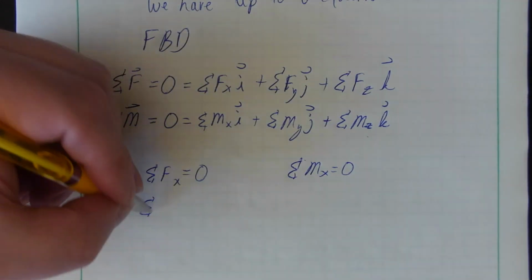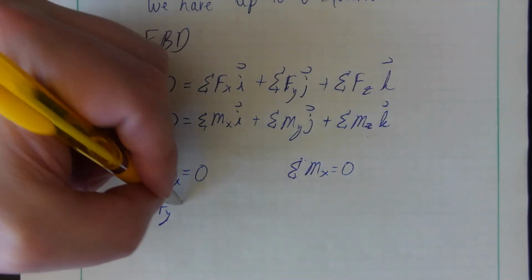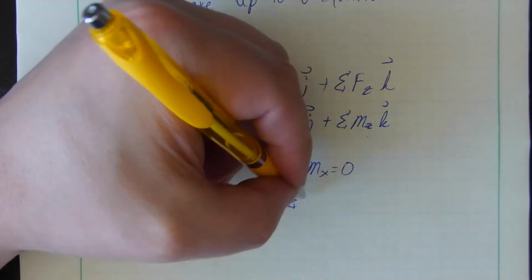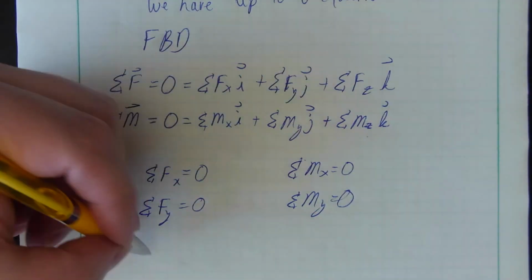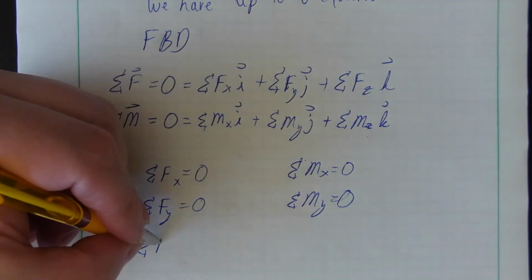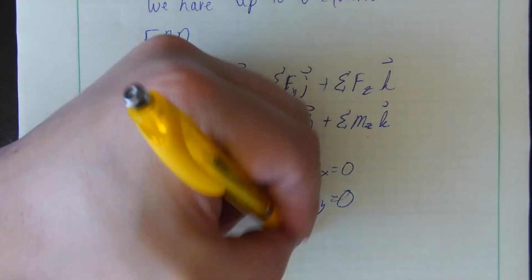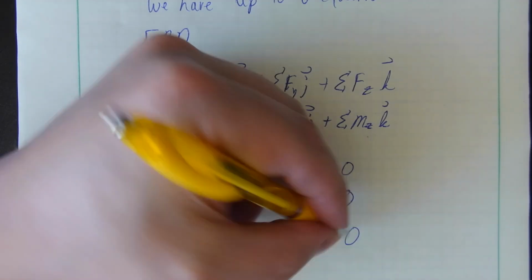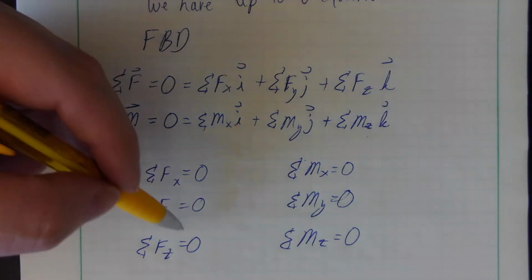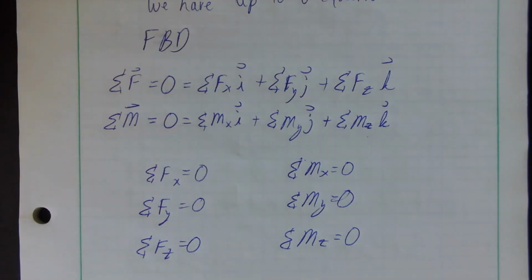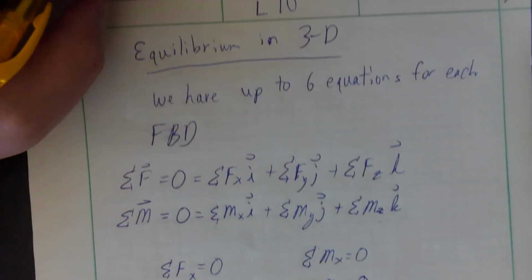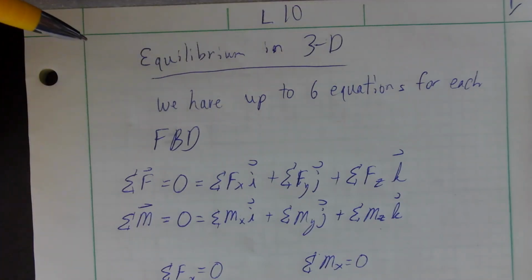And do the same thing in the y. Same thing in the z. Sum of forces in the z direction have to be 0. Sum of moments about the z-axis or in the z direction have to be 0. 3 equations, 3 more equations, up to 6 equations for each free body diagram.